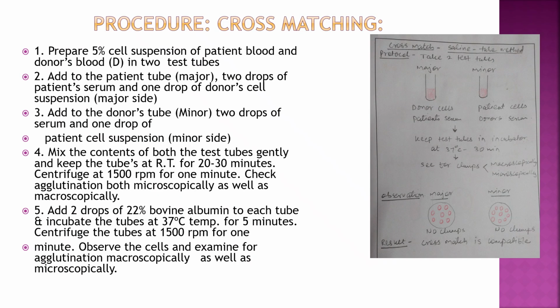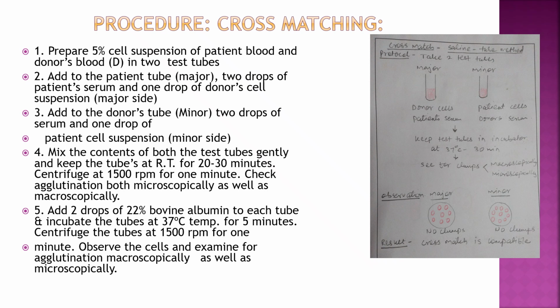Procedure: we have to take 5% cell suspension of patient and donor's blood, and then in the major tube we have to add 1-2 drops of donor cells and 1-2 drops of patient serum. In the minor tube we have to add patient cells and donor serum.